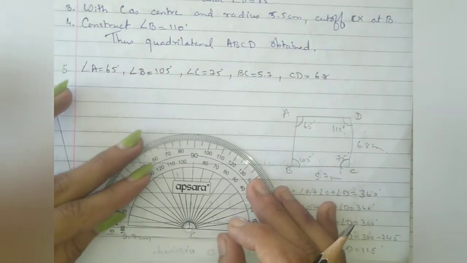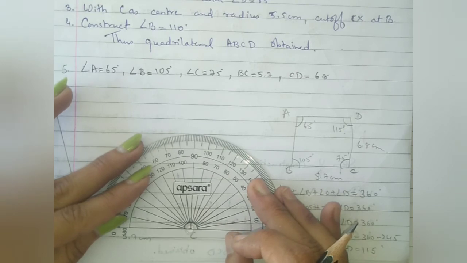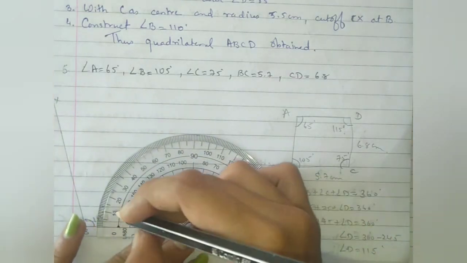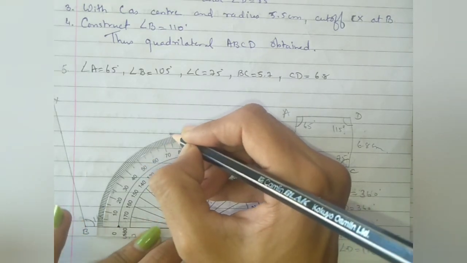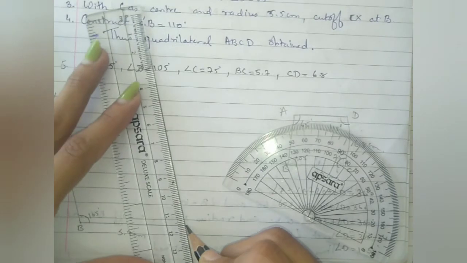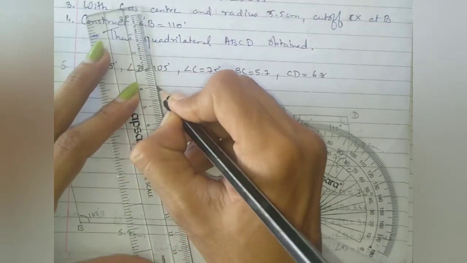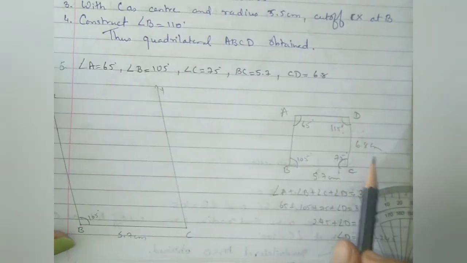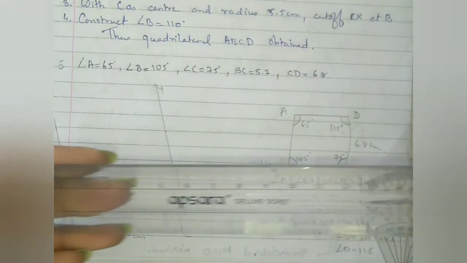Now angle C, that is 75 degree. This 0 we have to see. So here it is 75. Then join it with the scale. We will join and give Y. Okay. Now this centimeter we have to take on the compass.